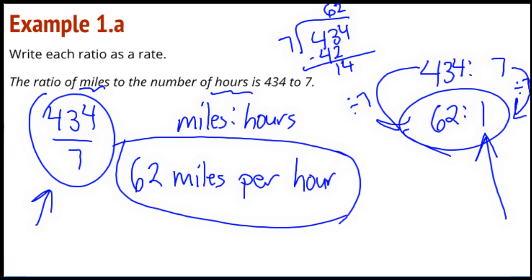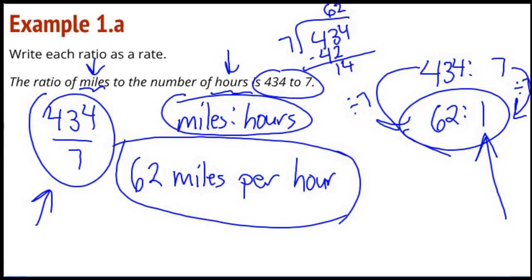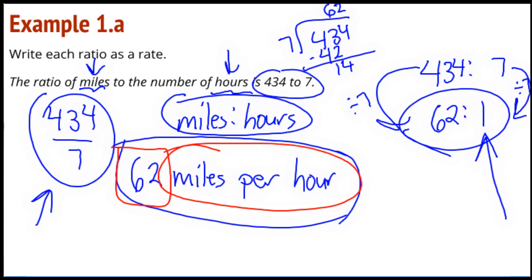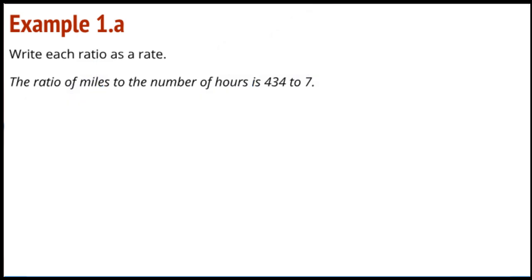So I have taken this ratio, the ratio of miles to the number of hours, 434 to 7, and I have converted it to a rate. I have a unit rate of 62, and I have a rate unit of miles per hour. And that should be very familiar to what we did in the last lesson.